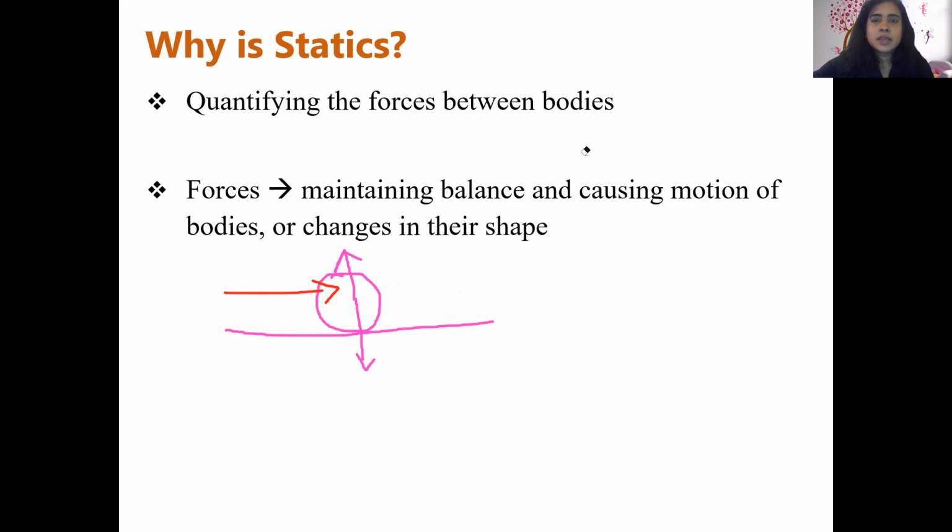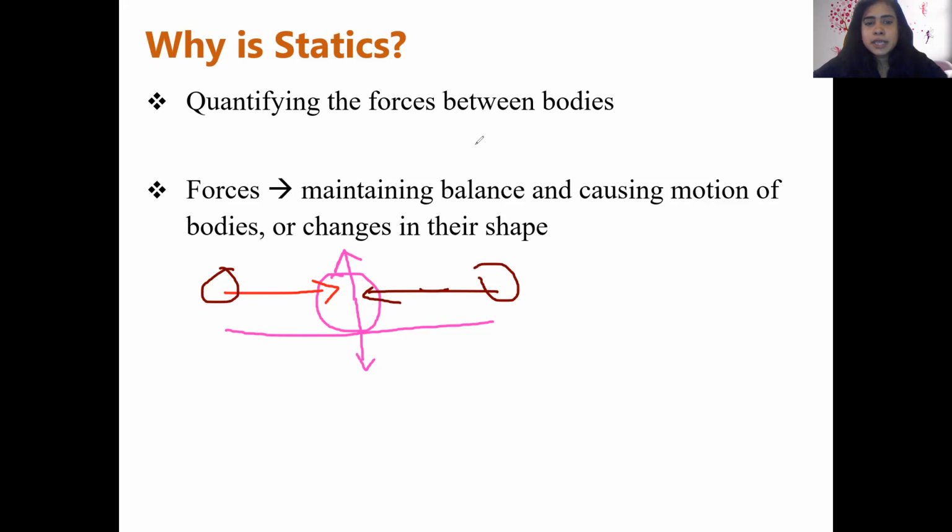Now say I'm pushing the ball and my friend is giving an opposite force, because you don't want me to push the ball, so you put it back. If these two forces are balanced, then the ball is going to stay stationary. But if you increase the forces, and the ball is a rubber ball, at one point it's going to change its shape.